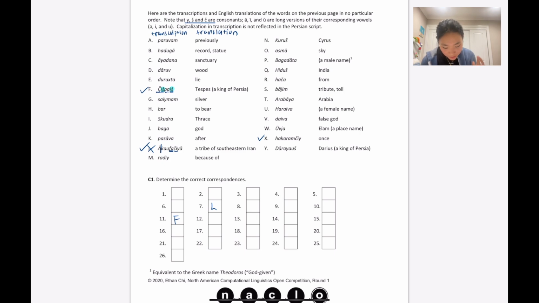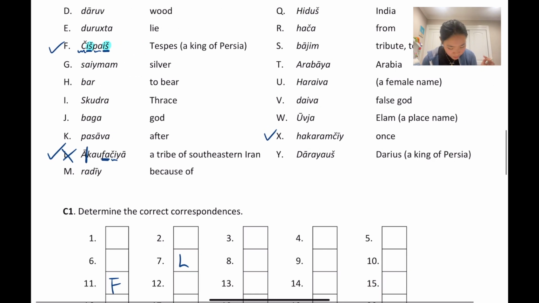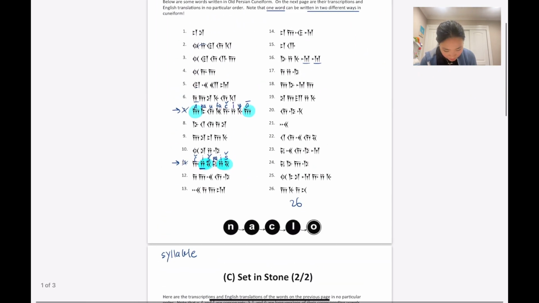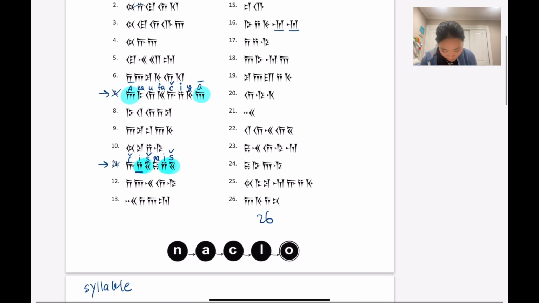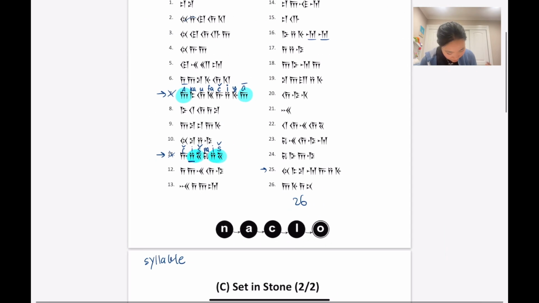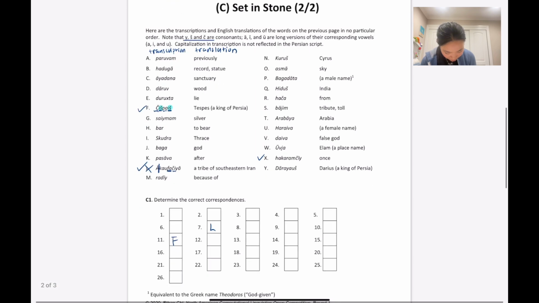The longest word after the L that we first identified was X: Ha, ka, ram, C, I, Y. Pretty much the longest one that I see that's not number 7 is 25. So this one is pretty long too. Let's make a guess and see, can we pattern match X to number 25?